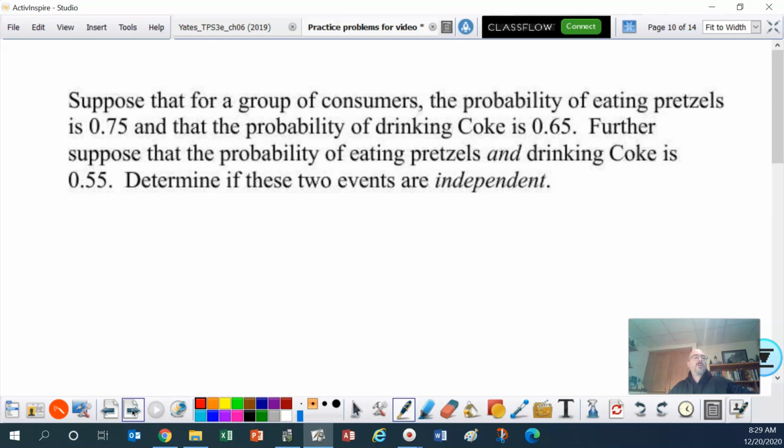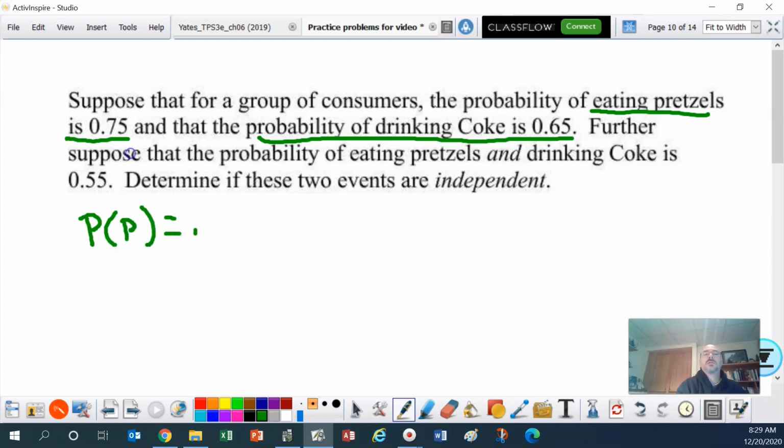Suppose that for a group of customers, the probability of eating pretzels is 0.75. And the probability of drinking a Diet Coke is 0.65.